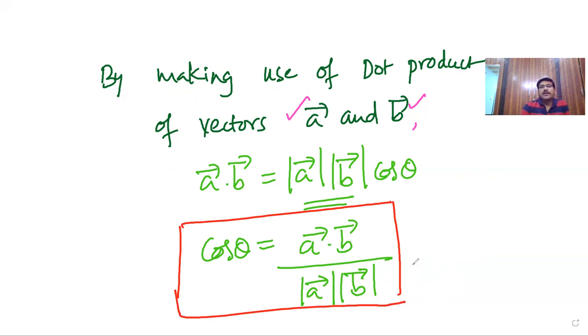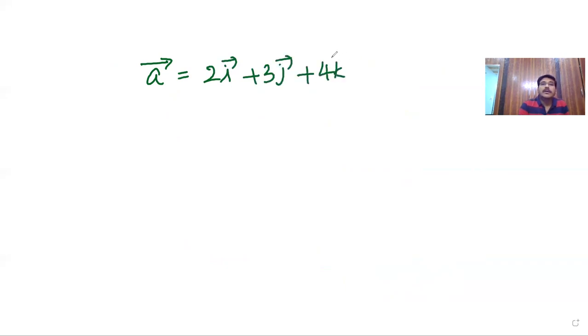Find out the angle between them by making use of dot product. Clear? Now, we go further. A bar is a vector given to us. What was the A bar vector given? It is 2I bar plus 3J bar plus 4K bar. This is the vector.